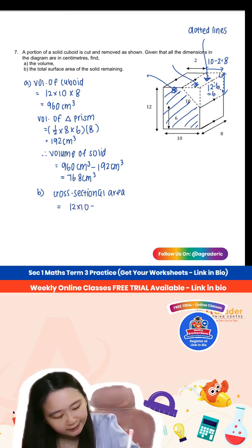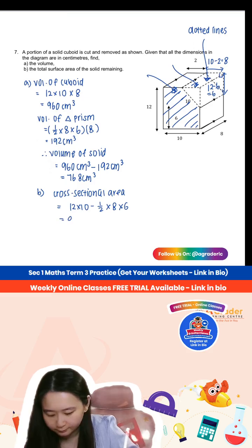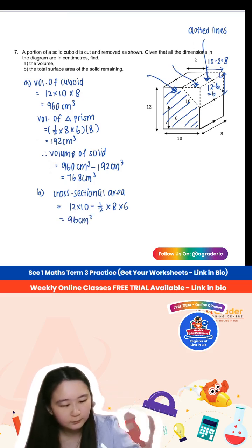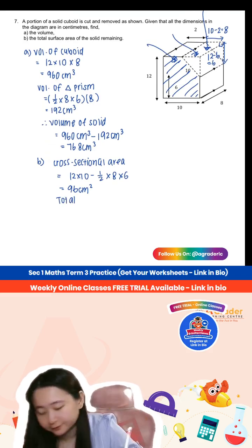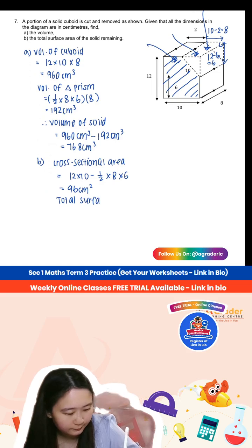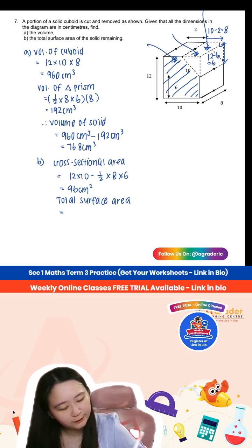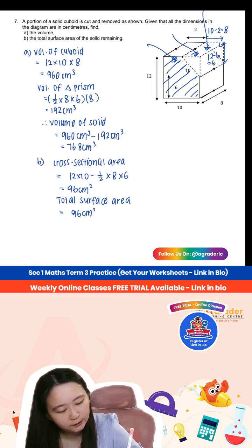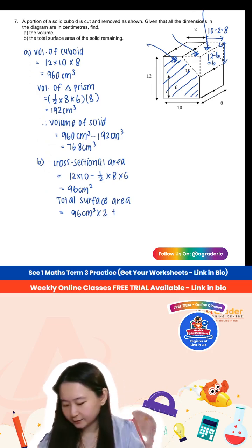So 12 times 10 minus area of triangle, half times 8 times 6. Okay, then we can find the total surface area. So for this cross-section area, there's top and bottom, so you multiply by 2, then plus all the other faces.